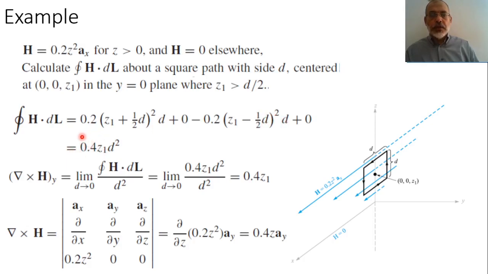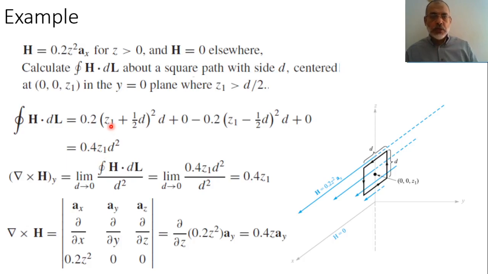So in this case, it is z squared plus d over 2 squared minus z1 d, and we have minus minus, so it would be plus, so it would be z1 d squared multiplied by 0.2 multiplied by 2, it would be 0.4.